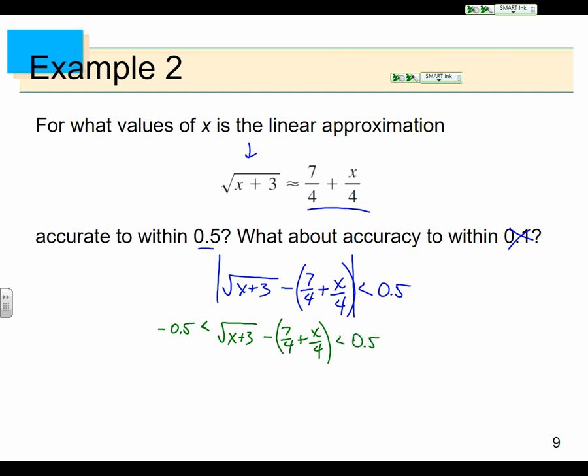Got rid of my absolute value in that step. And I'm wanting to isolate my linearization here in the middle. So I'm going to subtract the square root of x plus 3 from each side. I still got that negative in front. I'm going to take care of it on this next step.